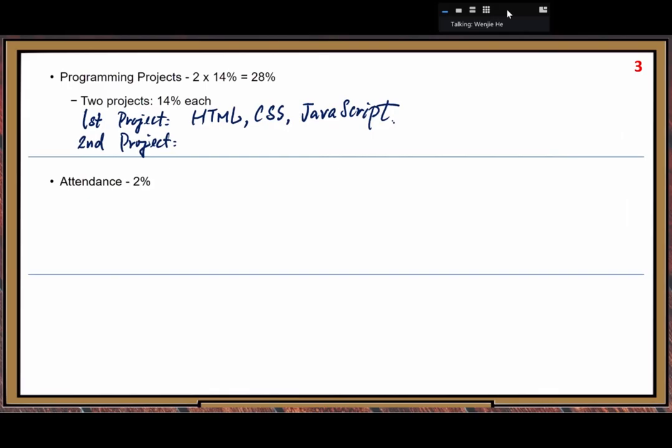There are 3 types of attendance. The first one is regular, normal classroom attendance. Second, Zoom attendance. Because I use Zoom to project my PowerPoint slides, I already use the Zoom meeting, so you can access my Zoom meeting anywhere.